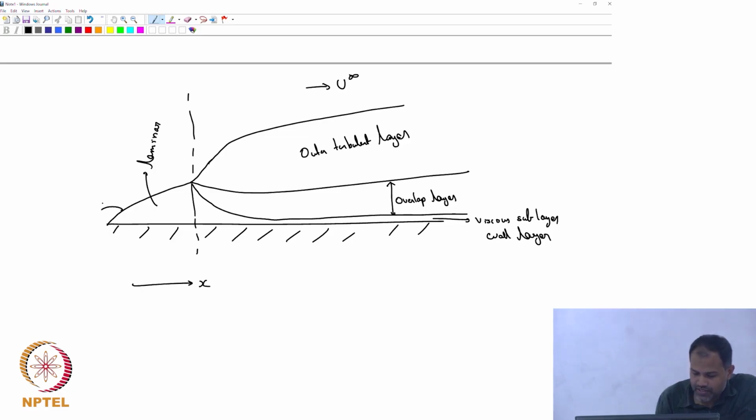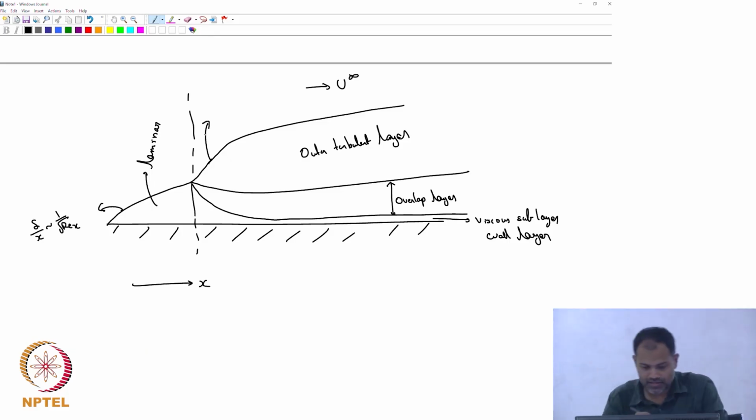So in this region, delta by x goes approximately as 1 by square root of Rex. In this region, delta of x goes as Rex to the power of 1.5, much faster. And much downstream, delta by x goes as 1 by Rex to the power of 1 by 7, which is much weaker.